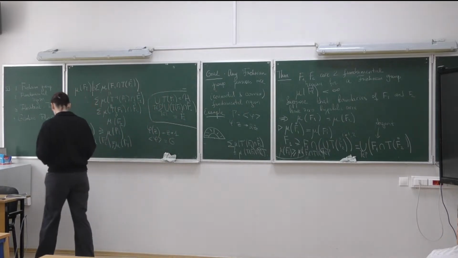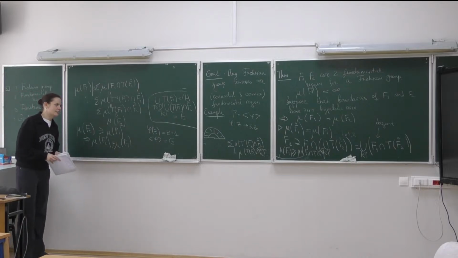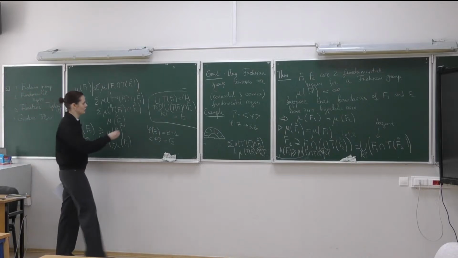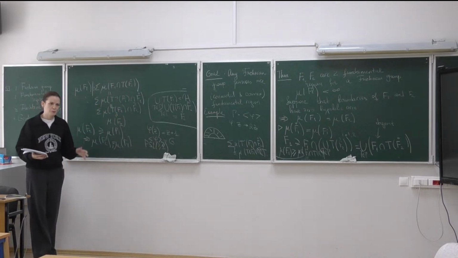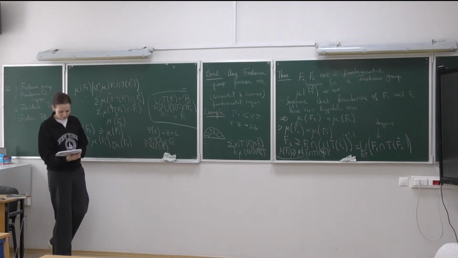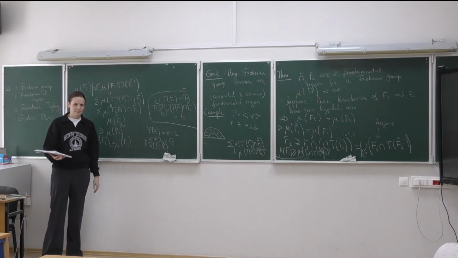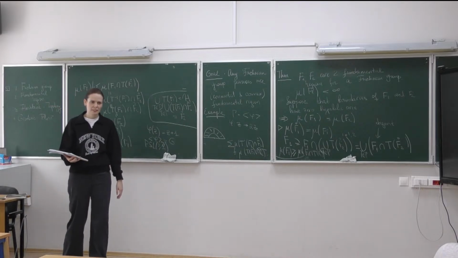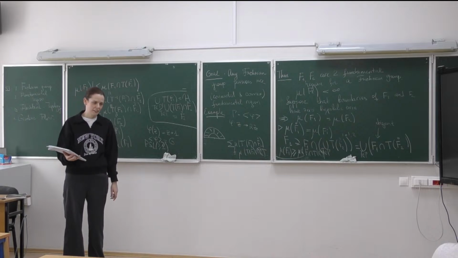So going back to this PSL2R, PSL2Z, do you have an idea how the fundamental region may look like? Can you provide me the description of the fundamental region of PSL 2Z? Absolute value is bigger than 1, and the absolute value of the real part is less than 1 over 2.